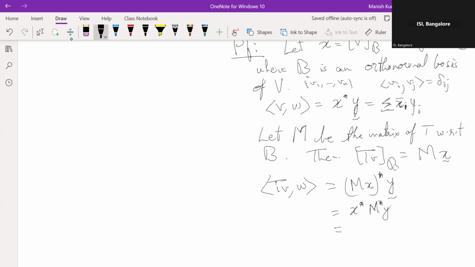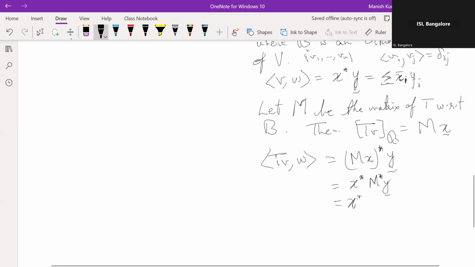But what is M star Y? This is precisely X star, so this M star Y is basically the coordinate of T star W with respect to B.